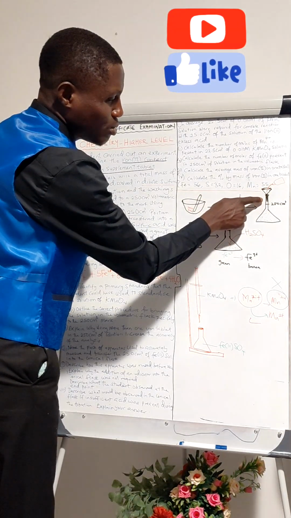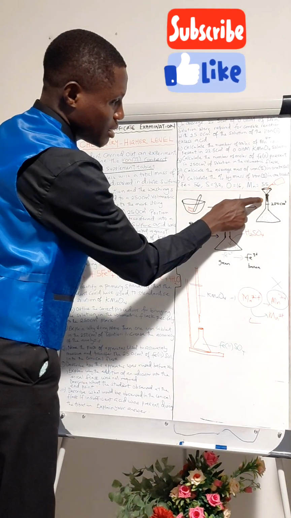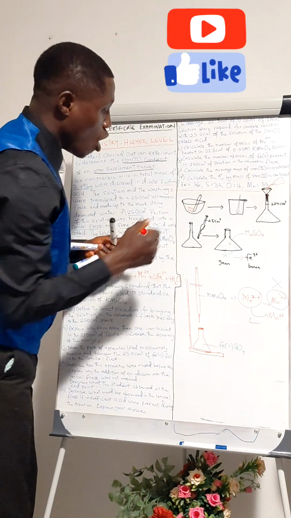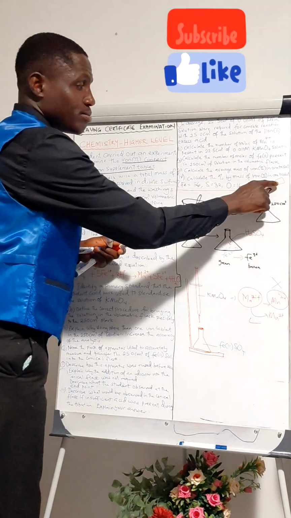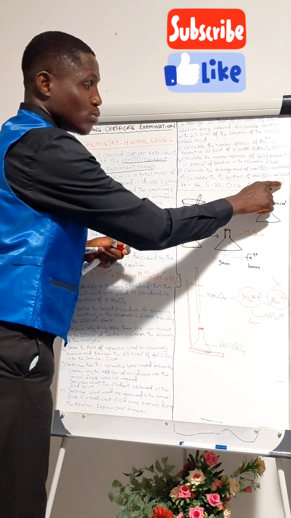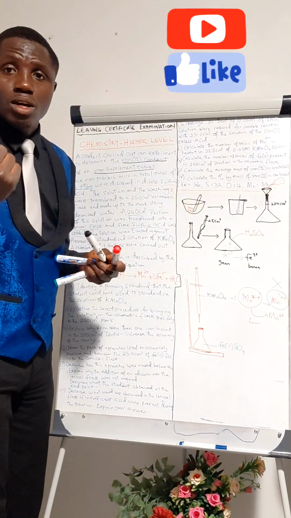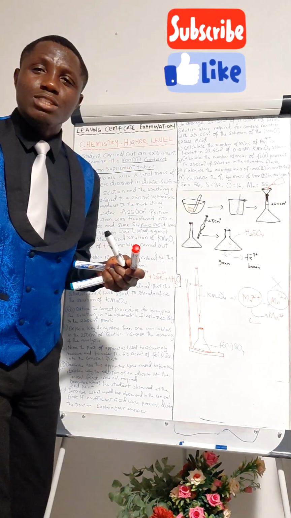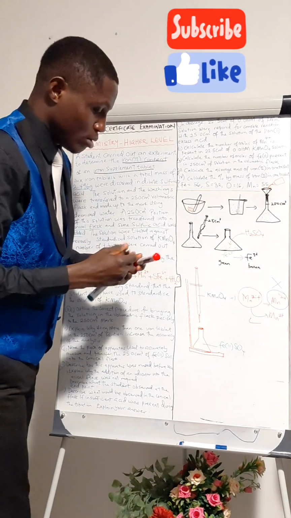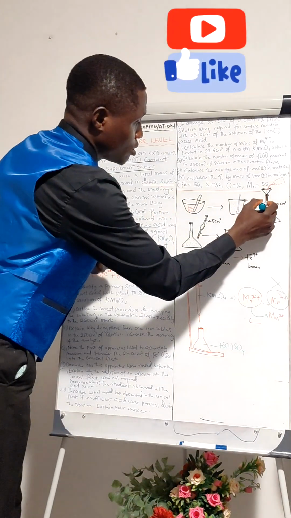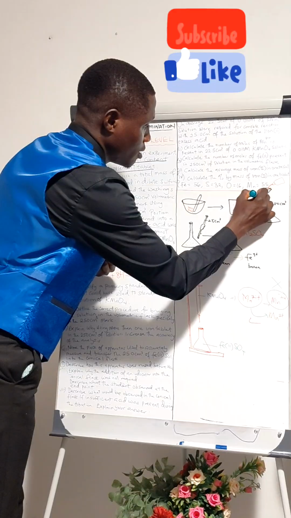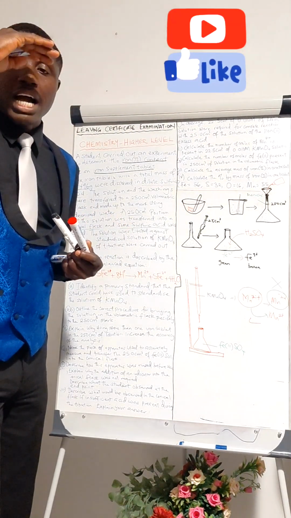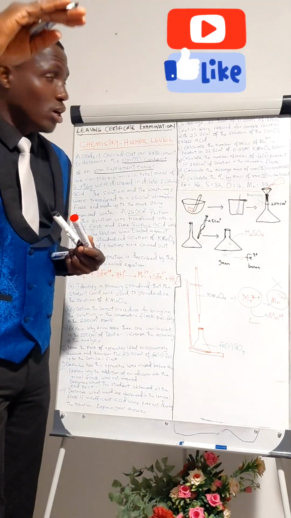When you see that you are about to get to 250 cm³, always use the deionized water from the wash bottle, so as to make sure that the water added does not exceed the meniscus. We call this place the meniscus point. It must be at your eye level.